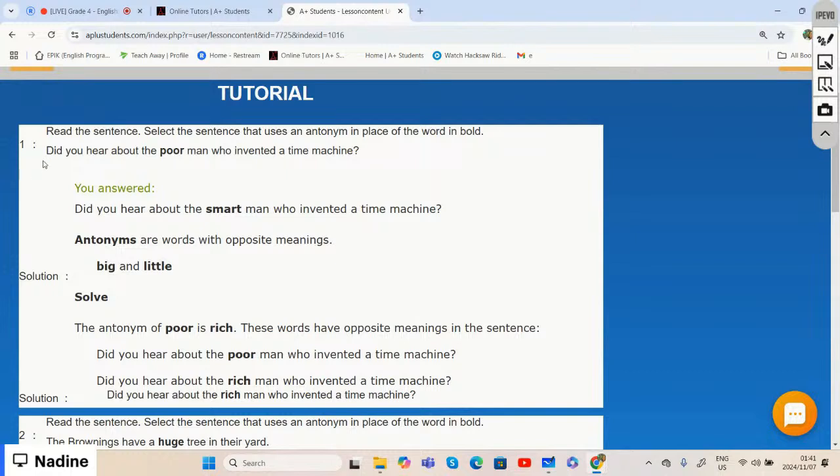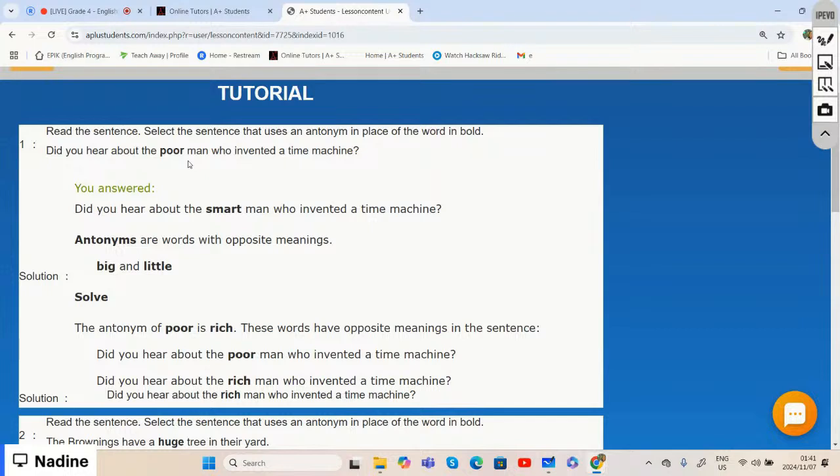For example, we would say, did you hear about the poor man who invented a time machine? We need to select the word and identify a different word to replace it. So we need to replace the word poor with the opposite of poor.